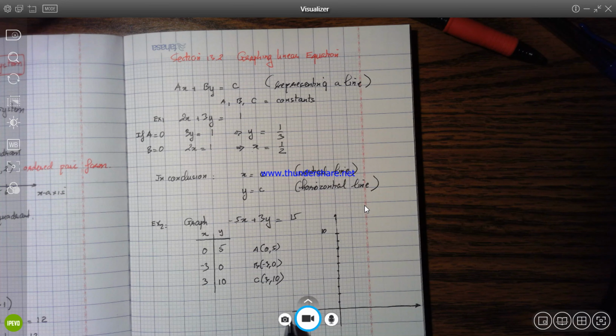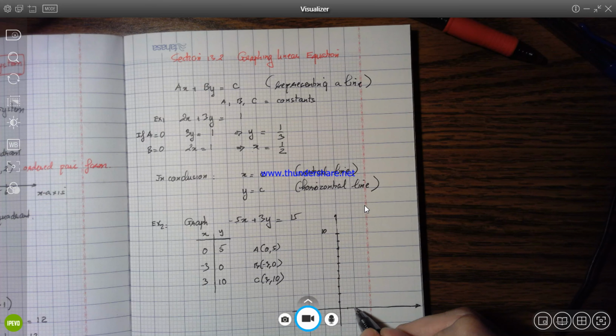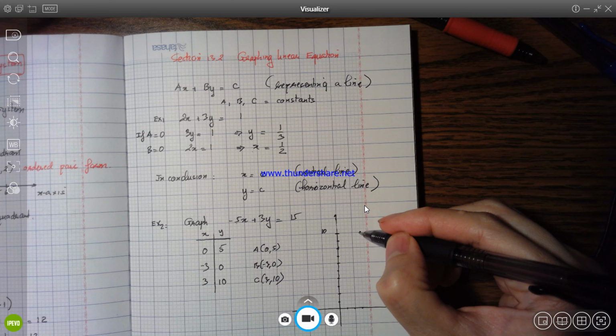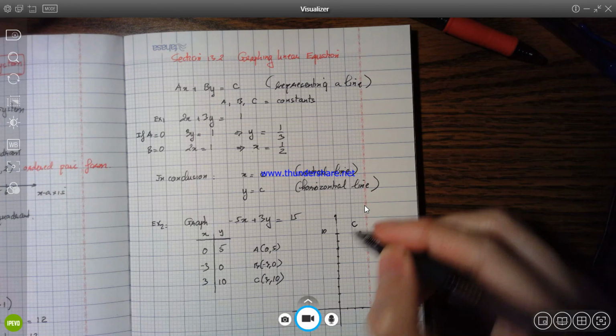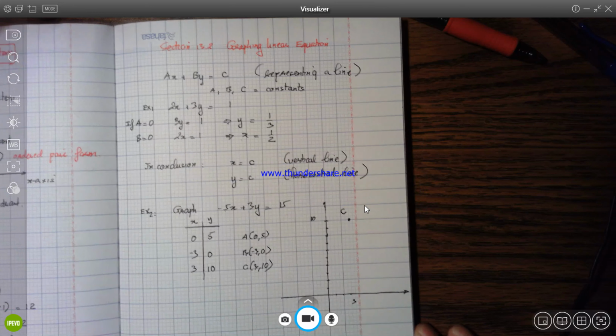This is graphing paper, it's very expensive, but if you can afford it, I recommend you use it. If not, make sure you have equal increments. Then I have 3 as the x. 1, 2, 3. So my point C is right here.